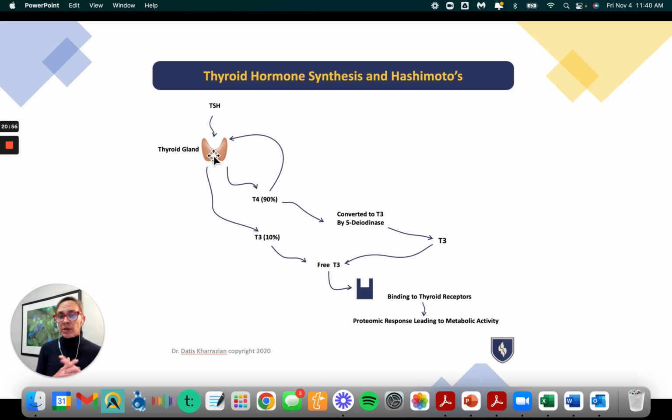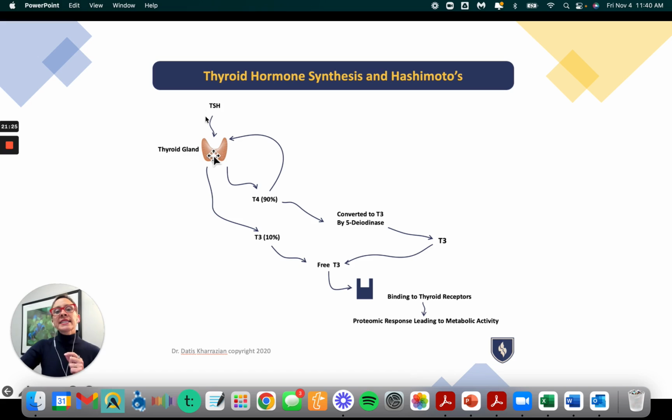Now, one other thing I want to point out, and it gets a little confusing, so I want to try to do it super clearly. 90% of the thyroid hormone that comes from the thyroid gland is in the form of T4. We also know that the majority of the thyroid hormone that feeds back to tell the brain we've got enough, slow down from making it, is in the form of T4. So think about this.